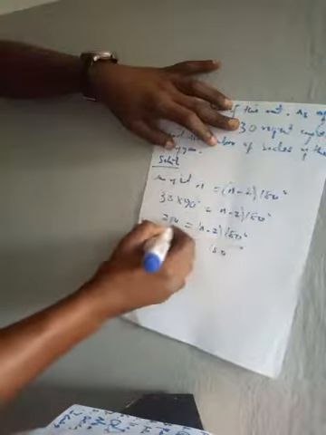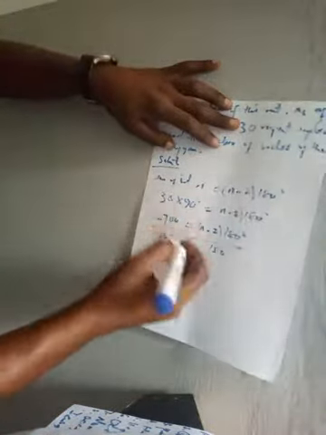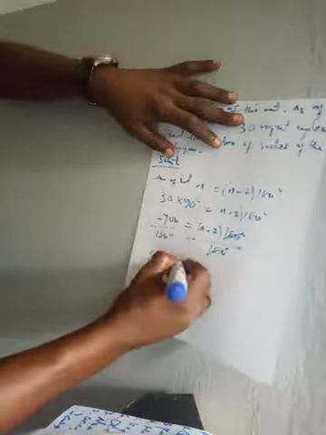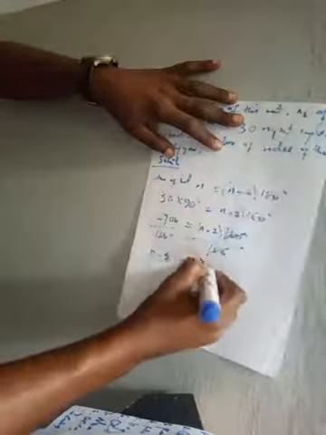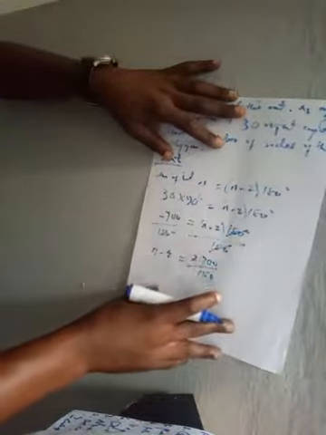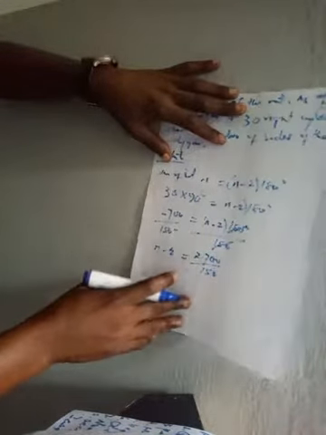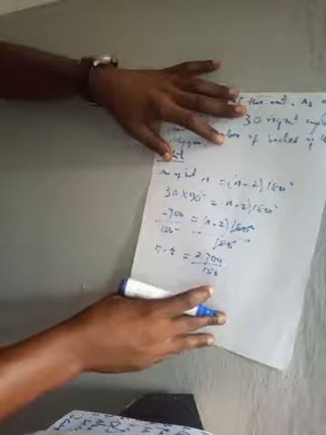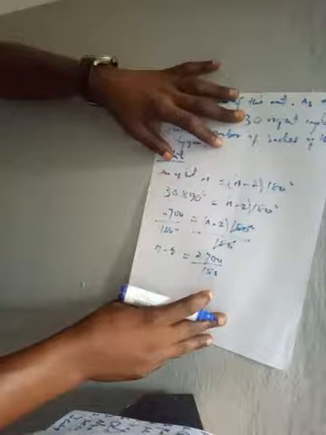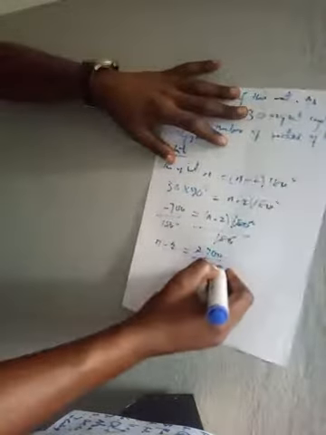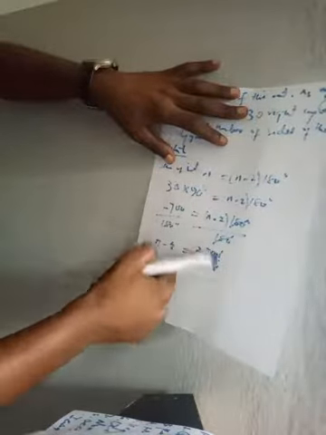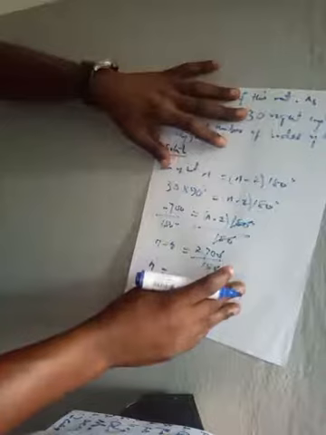Dividing through by 180 degrees, we are looking for n, which is the number of sides, right? So dividing through, you have that n minus 2 is equal to 2,700 over 180. When you do that division, this and this will cancel out, and this will give us 15.